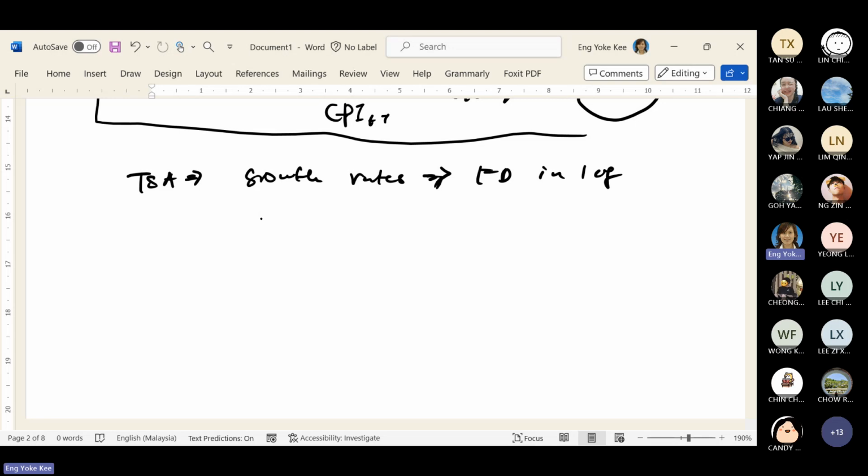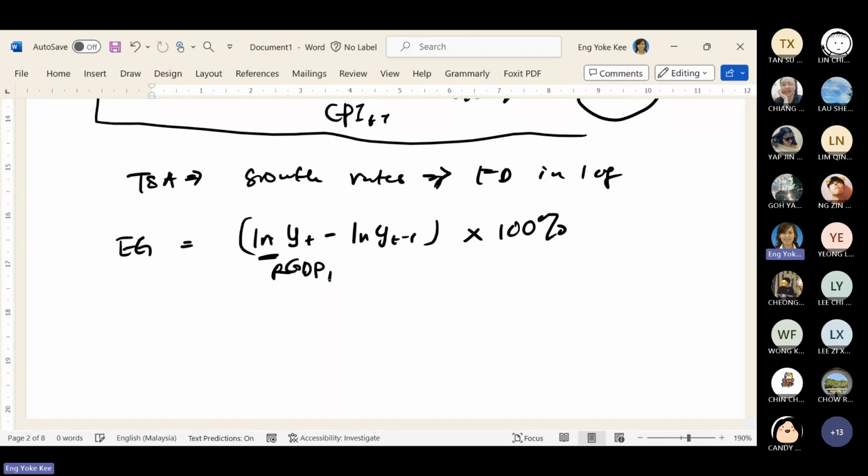I basically will use log: natural ln Y minus natural ln Y lagged, times 100%. So if I'm looking at economic growth, I'm going to log my real GDP this year, minus log real GDP last year, times 100%.